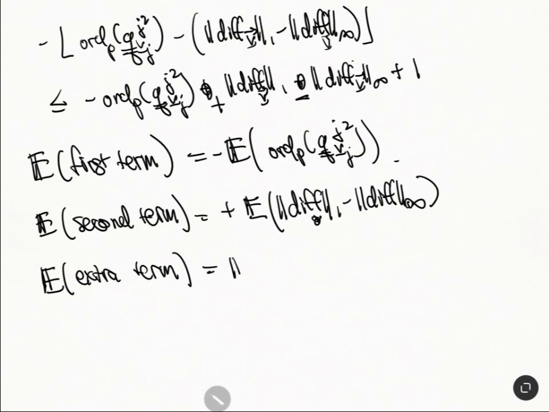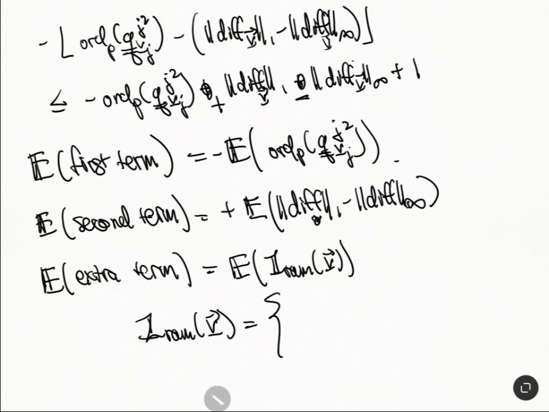So this is the expectation, and this only appears when there's a ramified vector here. So let's call this ram here. And so this thing is equal to 1 if v_i is ramified for some i.